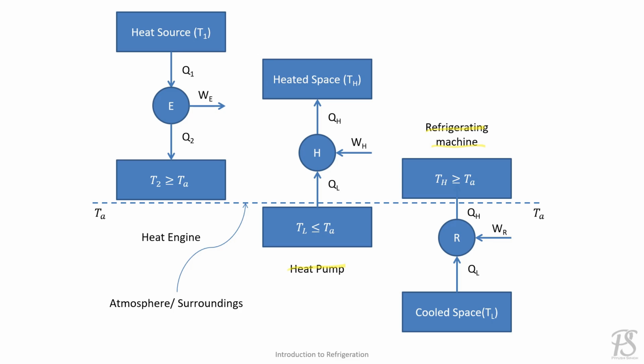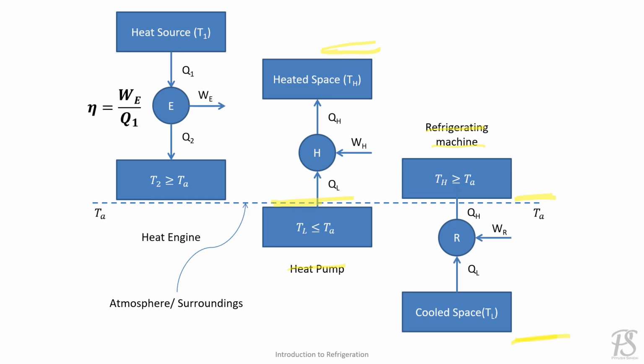The main difference between the two is their operating temperatures. The heat pump operates between the ambient temperature and a higher temperature, whereas the refrigerating machine operates between the ambient temperature and a lower temperature.